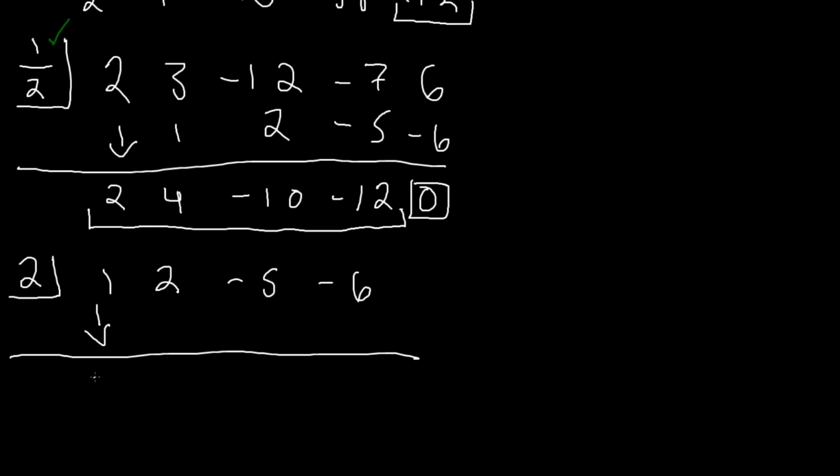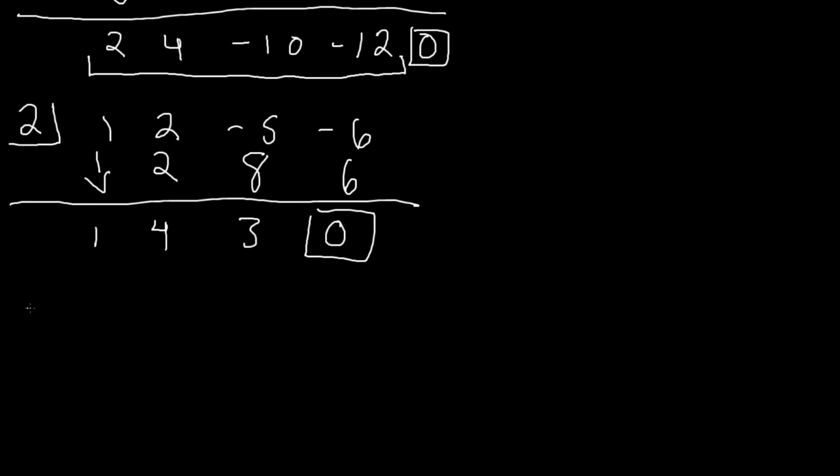Drop down the 1. 1 times 2 is 2. 2 plus 2 is 4. 4 times 2 is 8. Negative 5 plus 8 is 3. 3 times 2 is 6. And negative 6 plus 6 is 0. So positive 2 is another zero of the function.